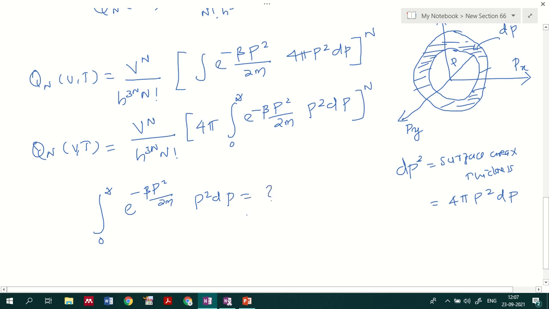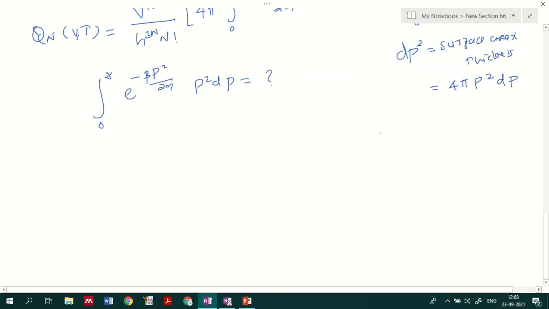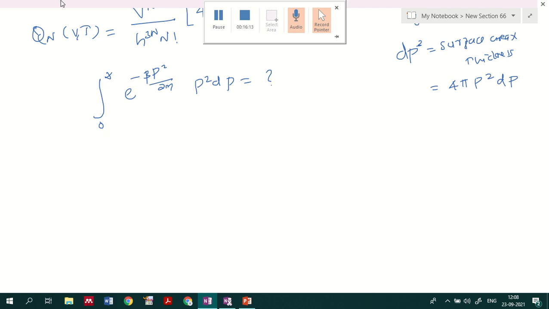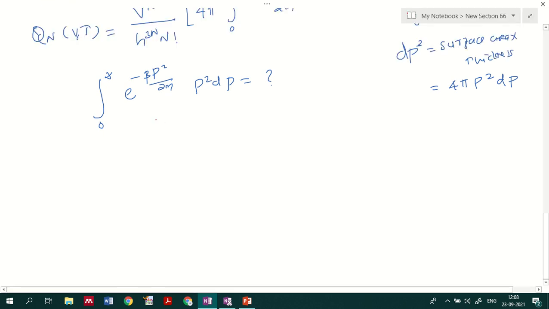For that we have a generalized equation: whenever you have an exponential function like the integral from 0 to infinity of e raised to minus alpha y square, y square dy, it's a general representation.